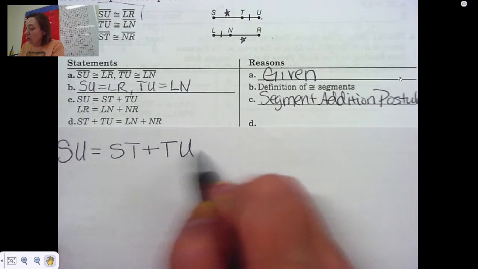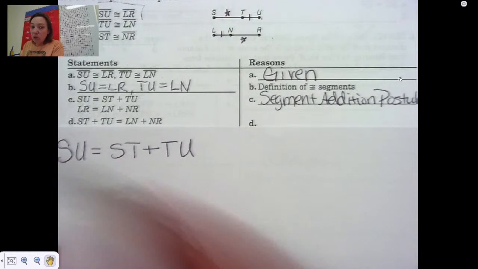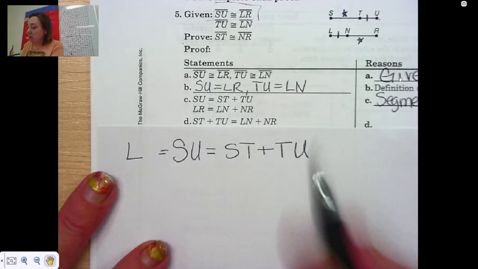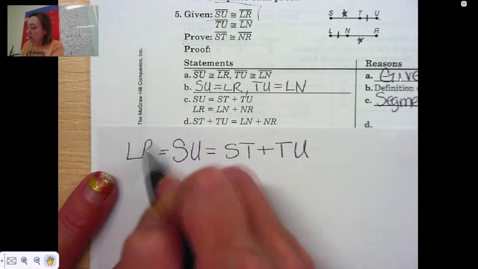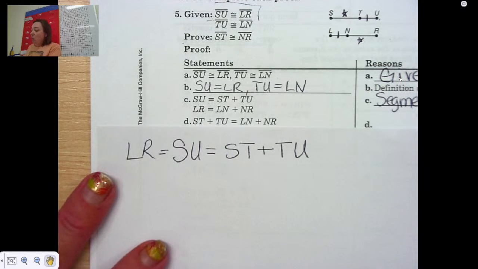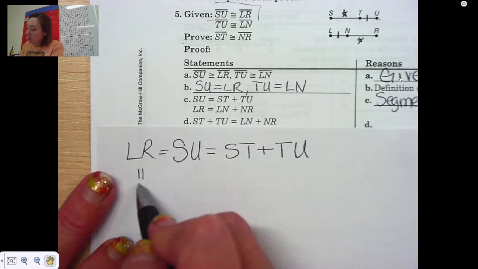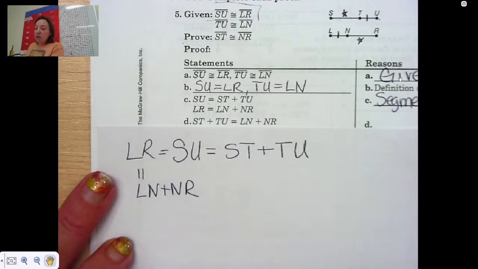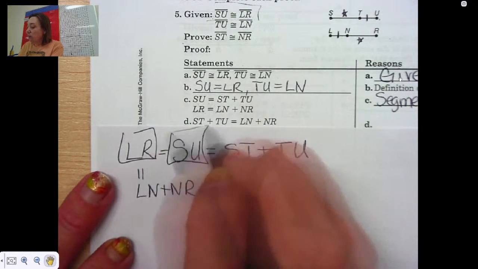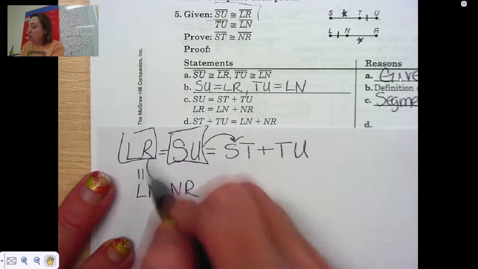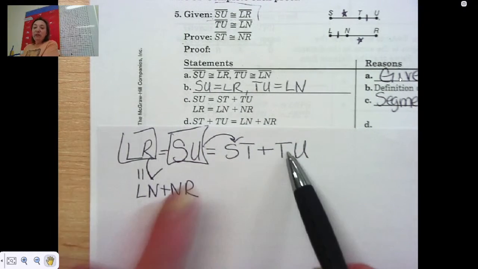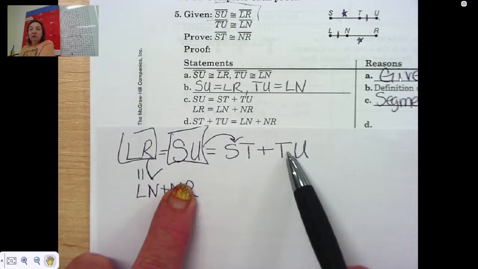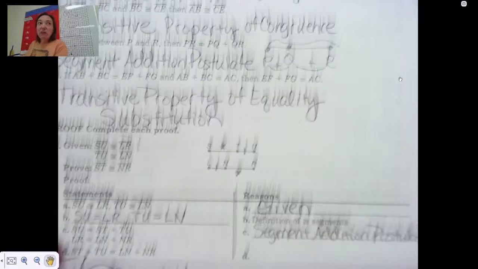And we also know that SU equals, I'm going to go this way, you don't normally write like this, LR. We know that, right? And what do we know that LR equals? LN plus NR, right? So if these two equal each other, and they equal these things respectively, what do we know about these two things? They equal each other, right? And that's what they made this statement here.